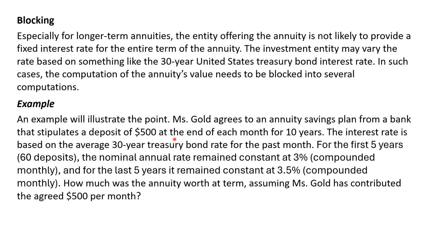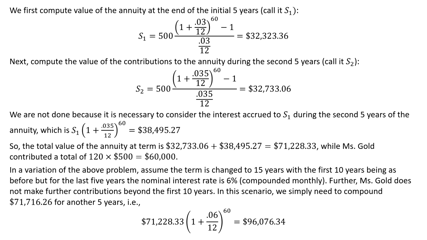I'll give you the answer on the next slide, but you may want to try it. It's basically computing two annuities, one for when you have the 3% and one when you have the 3.5%. And we have the formulas for that. So it's just a matter of breaking the problem into two pieces. There are basically three parts to this problem.